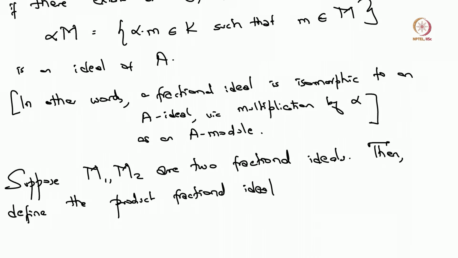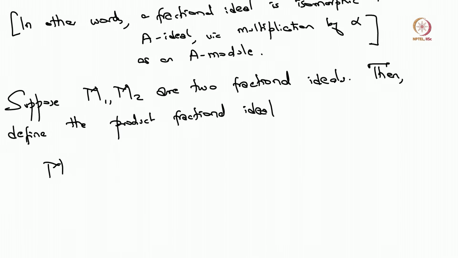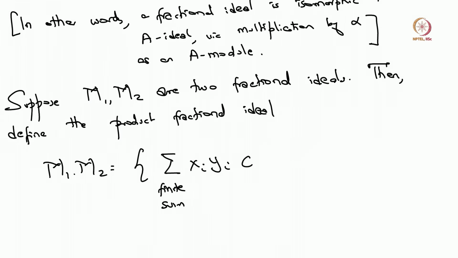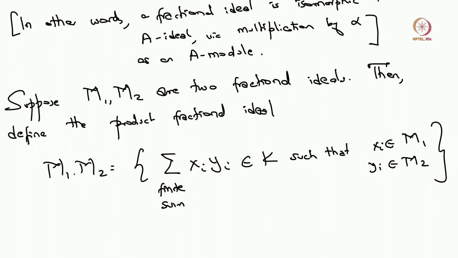It's similar to the definition of the product ideal. You consider all finite sums of the form xi yi in K, such that xi belongs to M1 and yi belongs to M2. So both M1 and M2 live inside K, so the product is taken inside the field K.